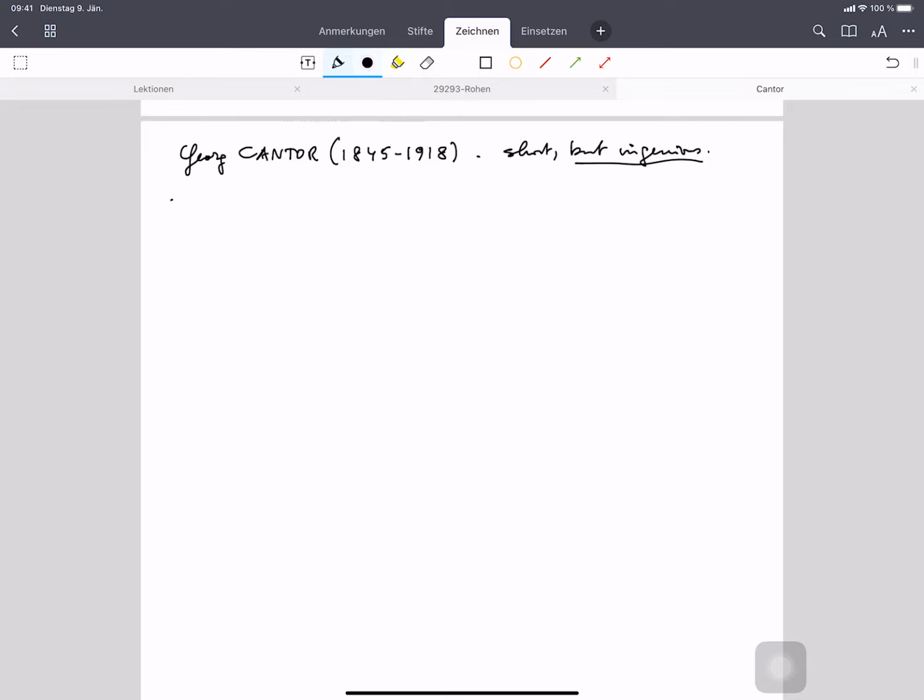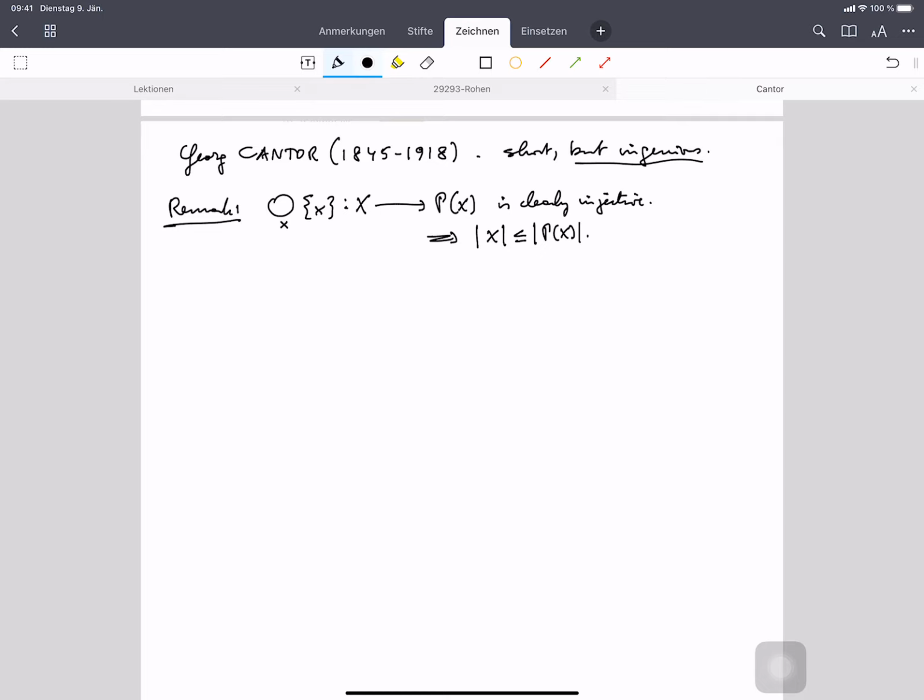First remark: the mapping which sends x to the set consisting of x alone, from X to the power set, is clearly injective. Therefore the cardinality of X is less than or equal to the cardinality of its power set.